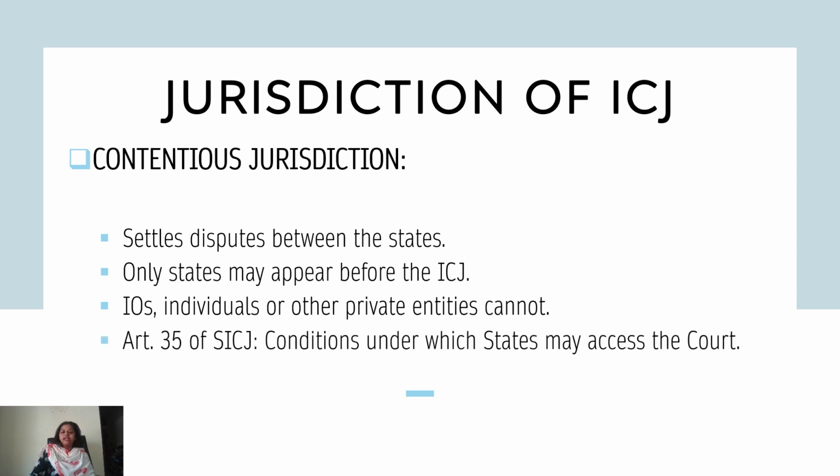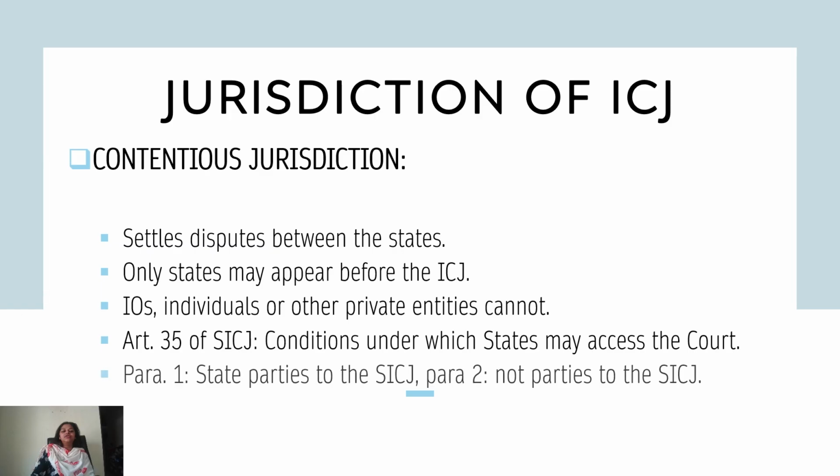One provision that is important for us to note from the Statute of the International Court of Justice is Article 35. Article 35 lays down the conditions under which the state may approach the court for settling disputes between them. Article 35 is divided into two parts, paragraph 1 and paragraph 2.